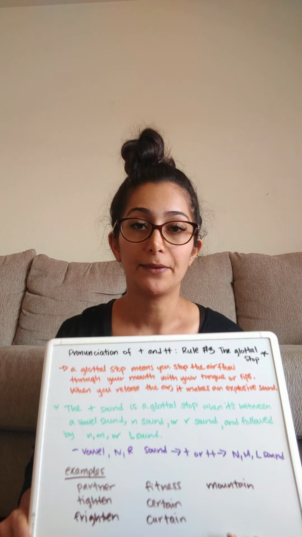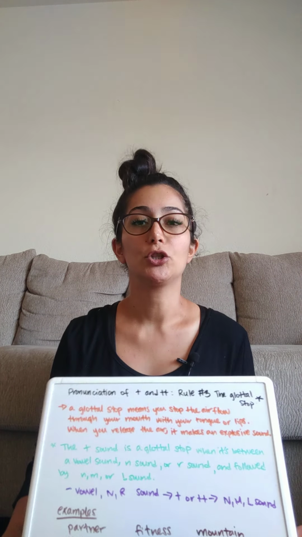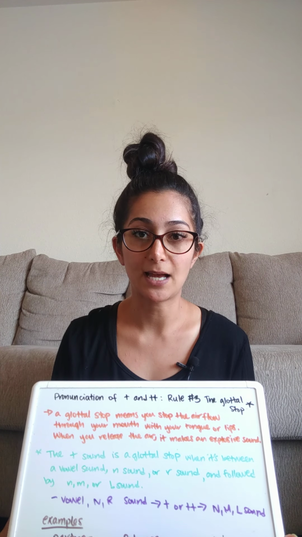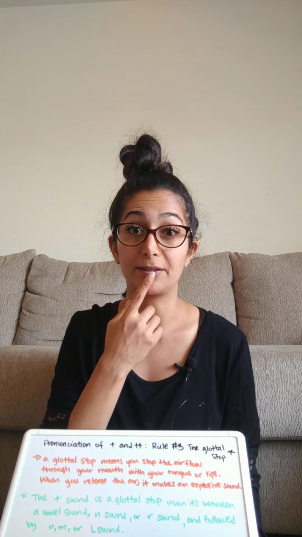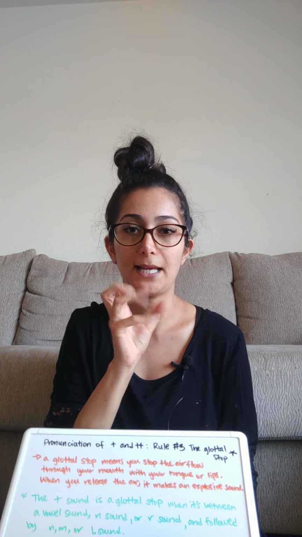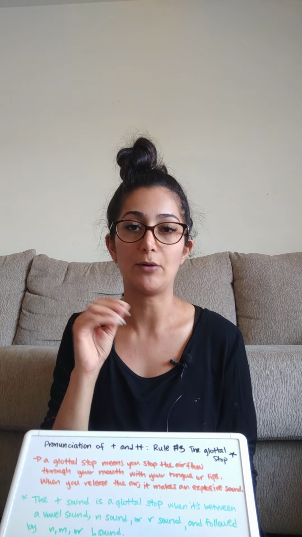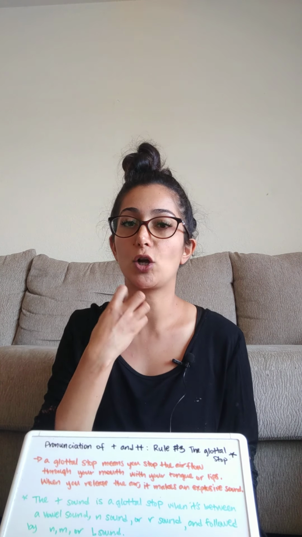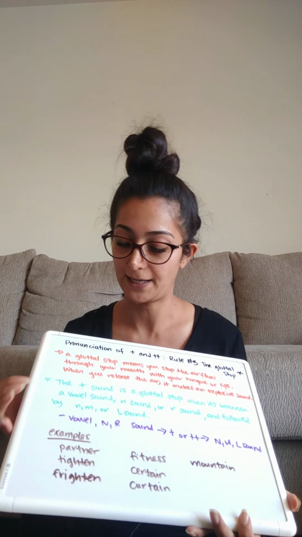For example, the sound B or P, right? So when we produce those kind of sounds, we stop the airflow with our lips for B and P, right? And then we have that pop, like that explosion. So the same thing's going to be happening here with the T sound, but it's not going to be a clear T sound. So we'll see through our examples what that's going to sound like.